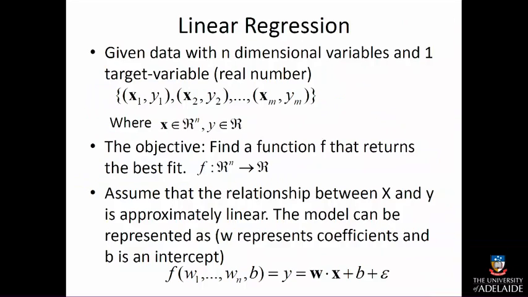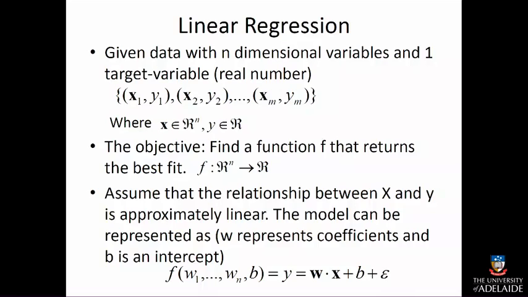Again, it's the same as in the case of classification. For linear regression, we have a linear function, which is W transpose X plus B plus epsilon. This epsilon is not a parameter to learn. It's just the noise.